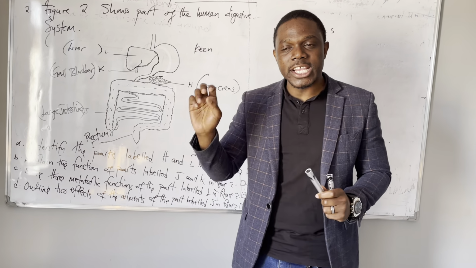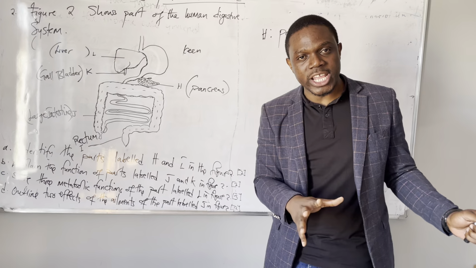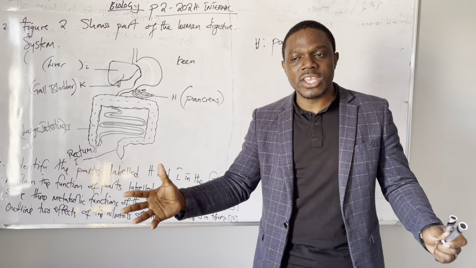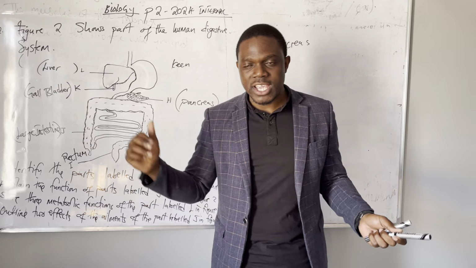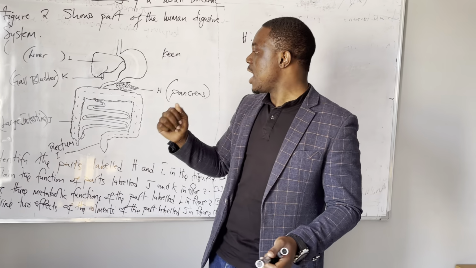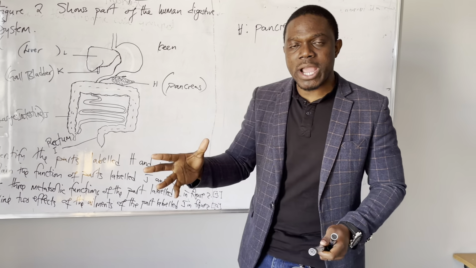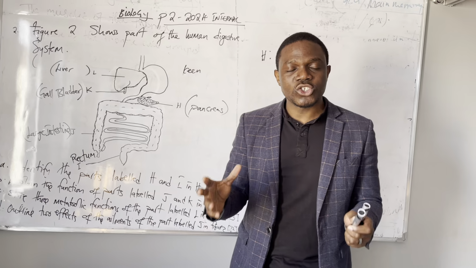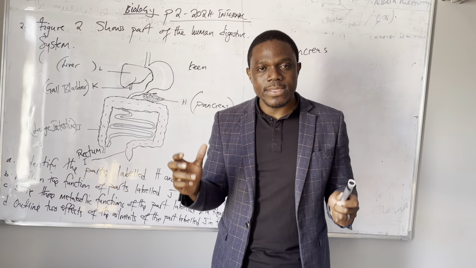Number one, it helps with digestion by secreting or producing enzymes that help with the digestion process, enzymes such as amylase and lipase. The other function of the pancreas is that it controls the sugar level inside the body.